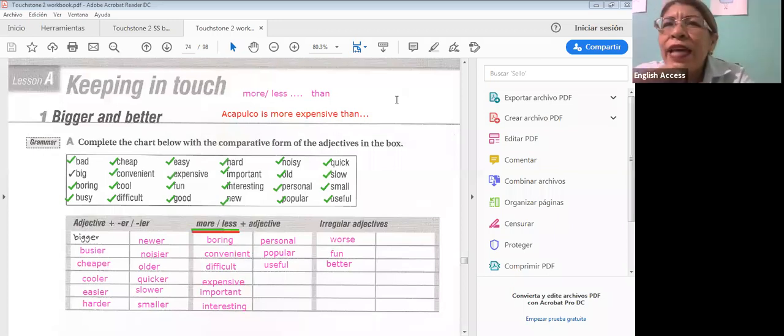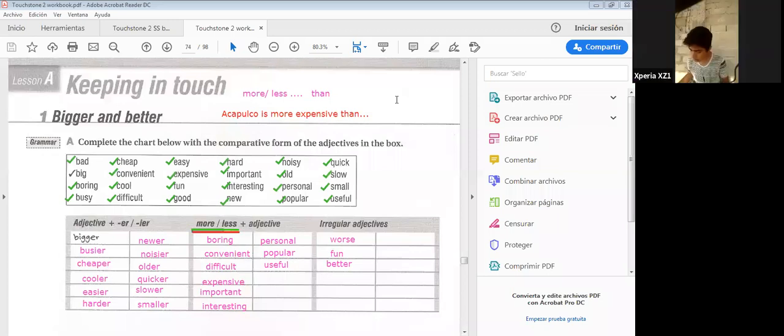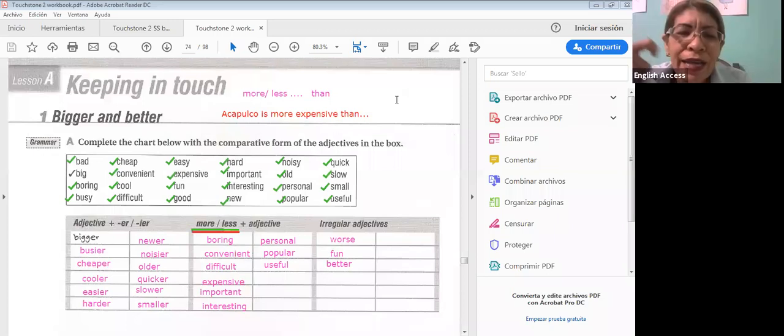Pay attention to the adjective one more time. That was the homework. As you can see, we have a chart. If you pay attention to the first column, we have short adjectives. With short adjectives, we're going to use ER or IER. With long adjectives, we're going to use more or less.